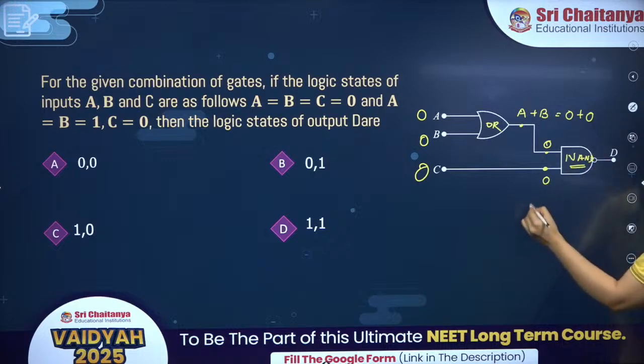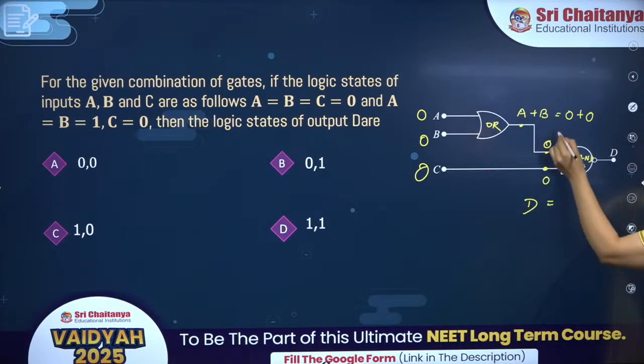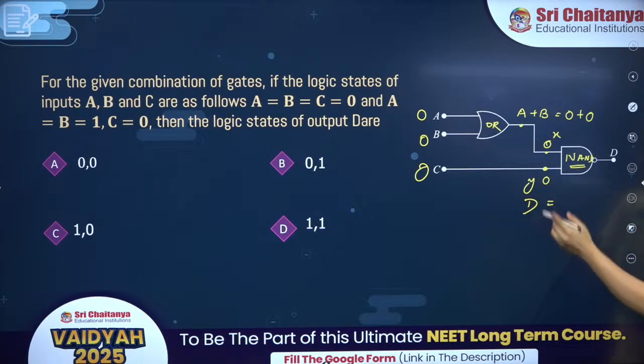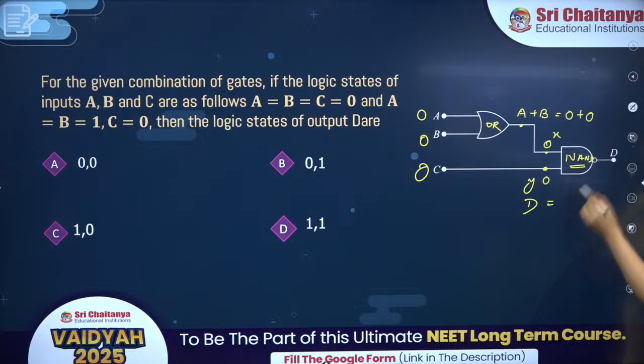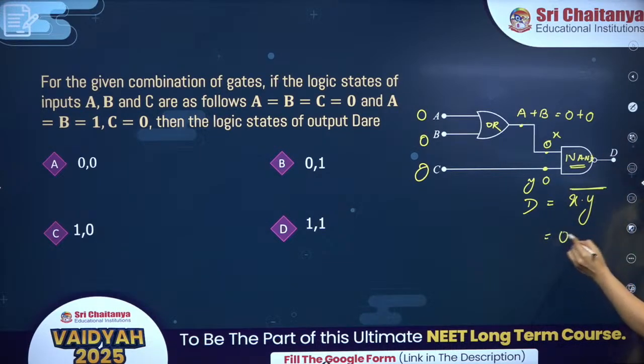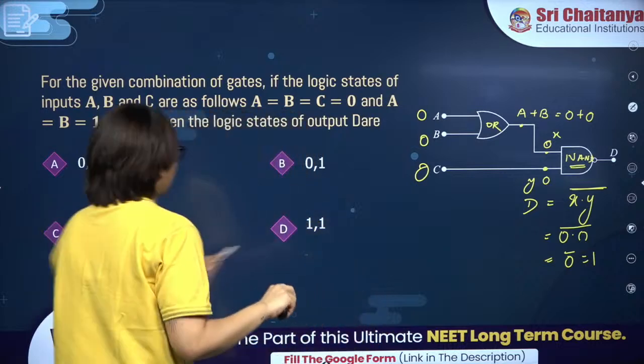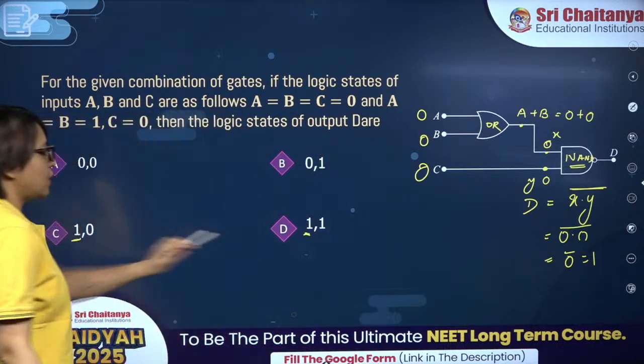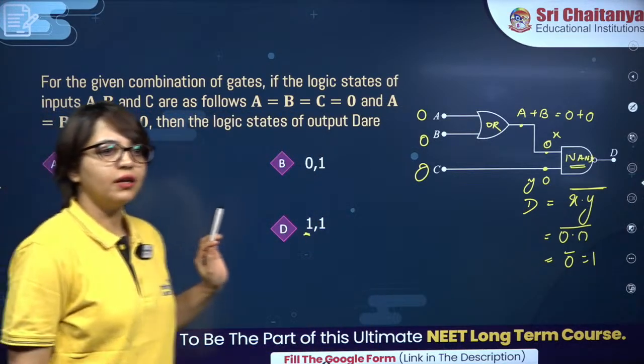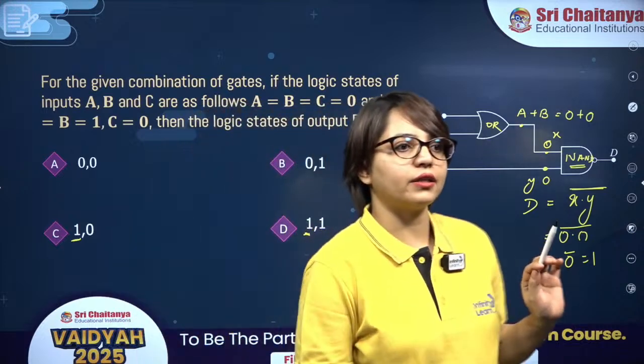Let's say this is X and this is Y. For the NAND gate, the output is X into Y bar. So it will be 0 into 0 bar, and 0 bar is equal to 1. So when all three are 0, the output will be 1. So either C or D is correct.